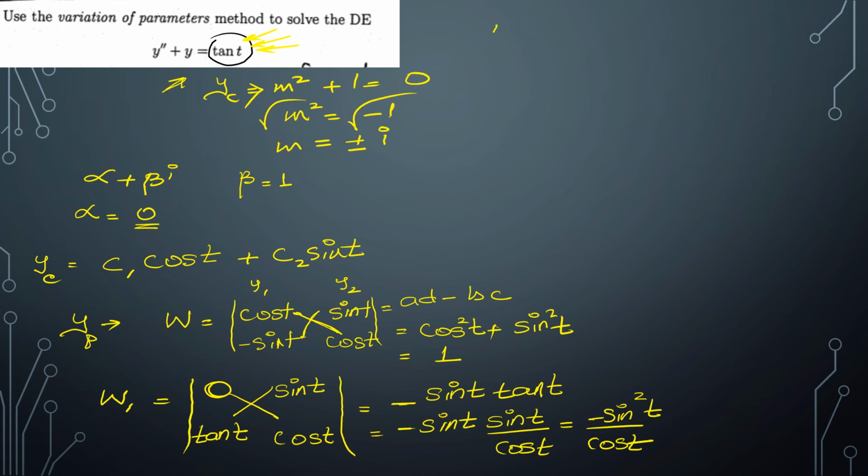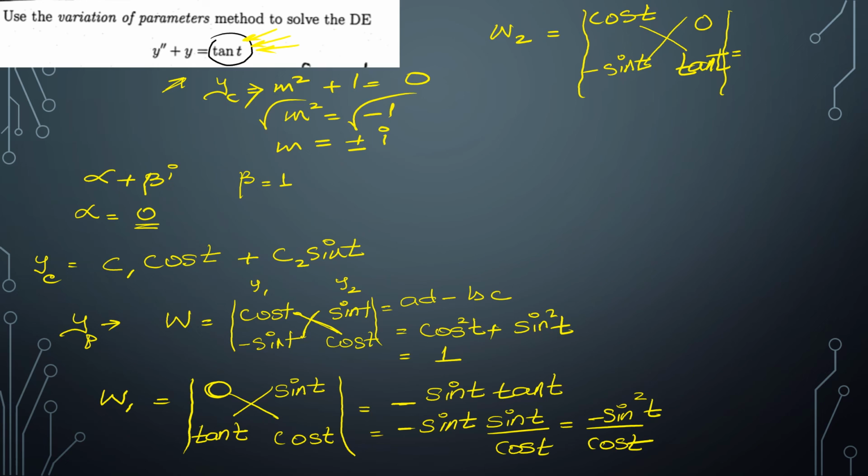Now I have W2. So in order to find W2, I replace my second column with 0 and tangent t, whereas my first column stays as it is. That means cosine t and negative sine t. These are the values of y1 and its derivative. Again, I will use AD minus BC.